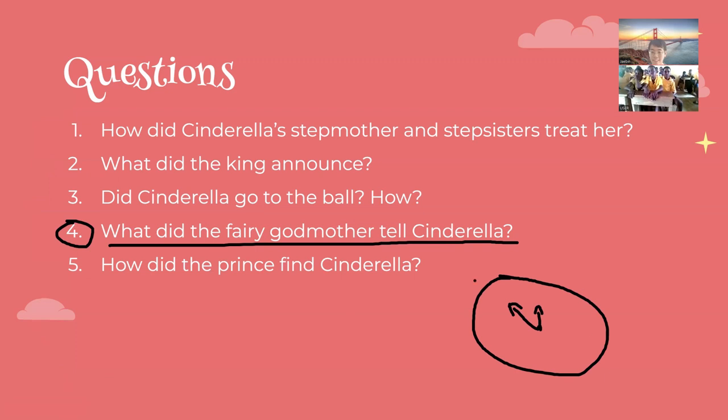This is a hint I drew at the bottom. So the fairy godmother told Cinderella to come back home by 12 o'clock. She was told to come back home because the spell that the fairy godmother cast on Cinderella only lasts until 12 a.m. So she told Cinderella to come back home by 12.